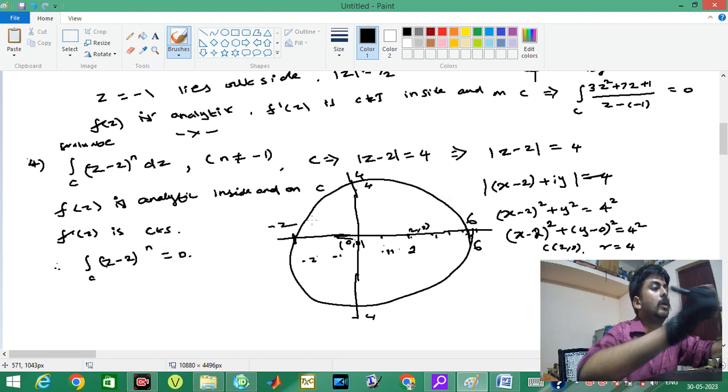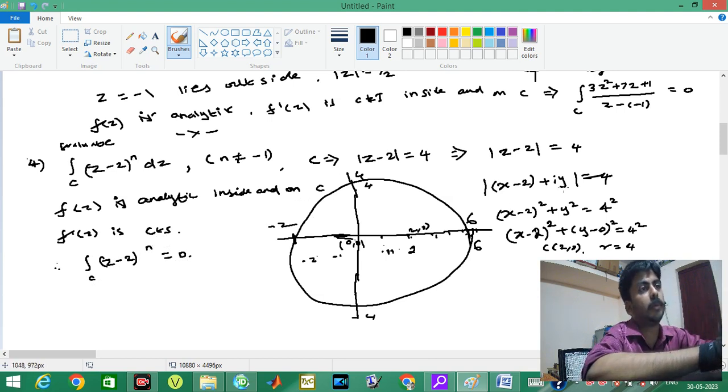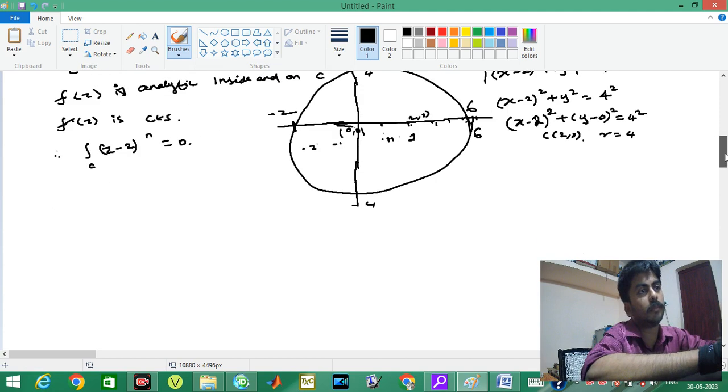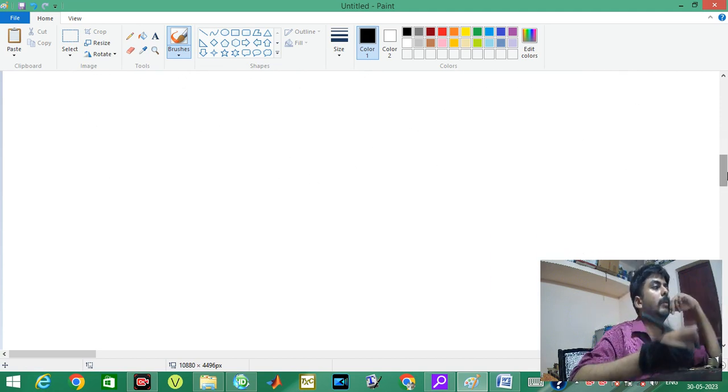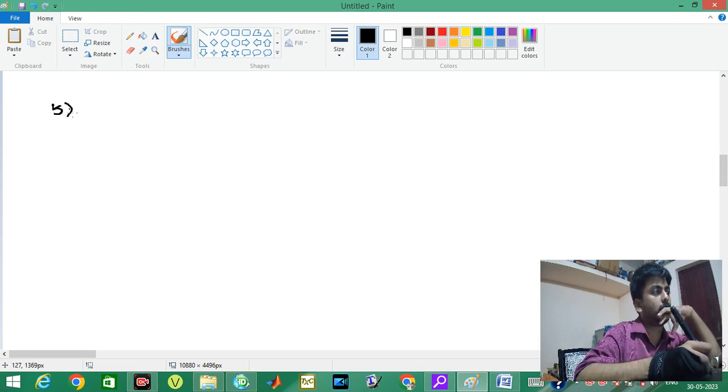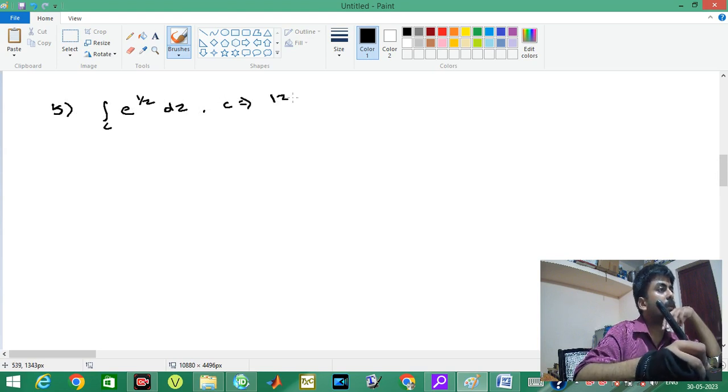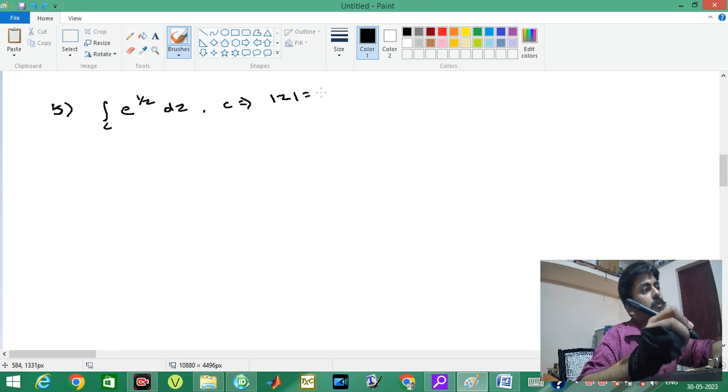Now another problem. The problem here is the integral over C of e power 1 by z dz, where C is the circle given by modulus of z equal to 1.